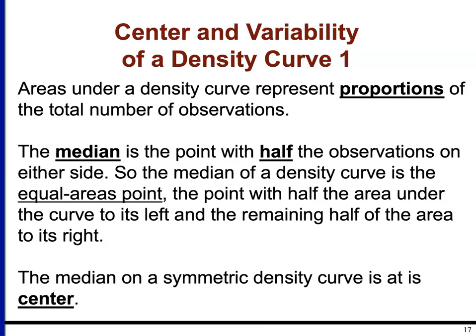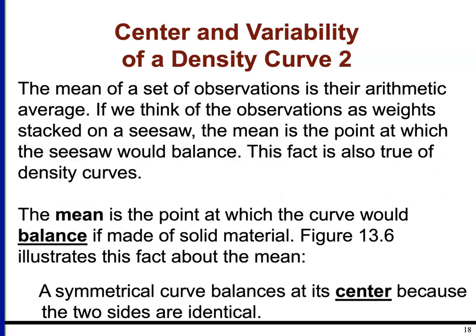But also remember that the median is the point where half of the observations are on either side. So the median is the equal area point. It's the point where the area on the left equals the area on the right. So the median on a symmetric density curve is at the center. On the other hand, the mean is the arithmetic average, and it's like thinking about weights on a seesaw.